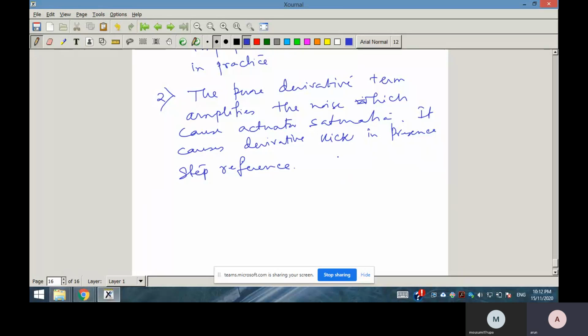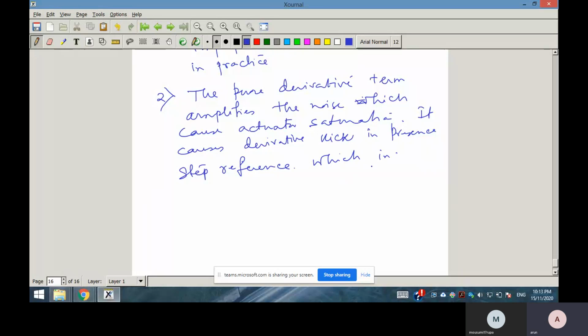So this causes derivative kick in the presence of a step.